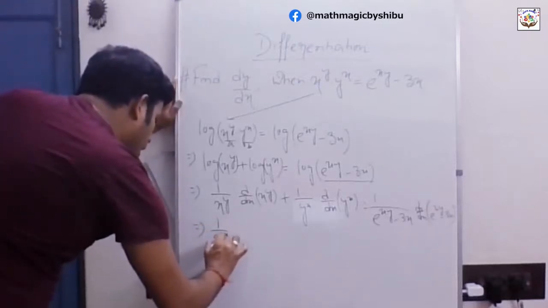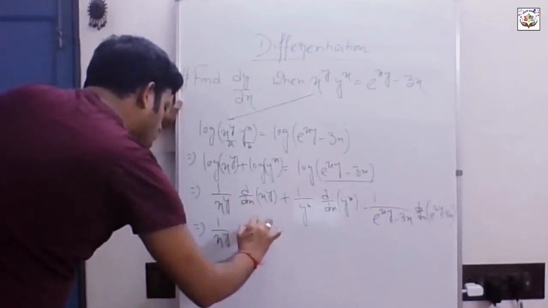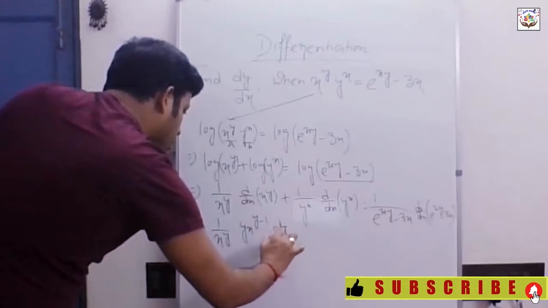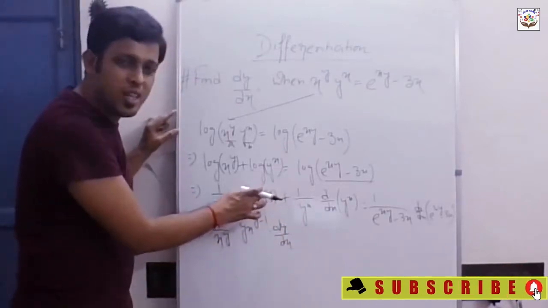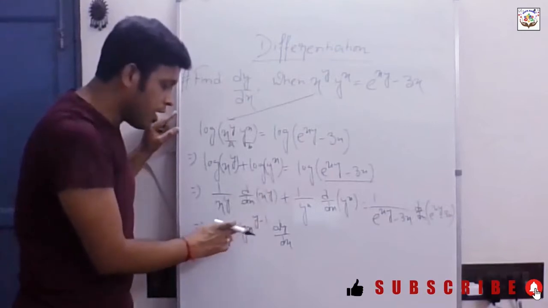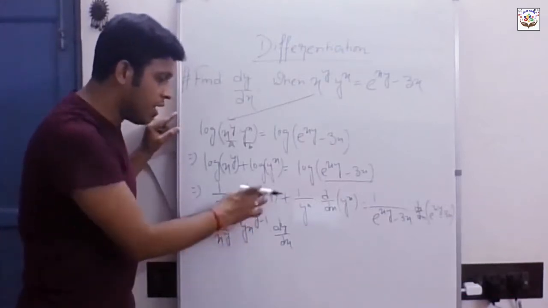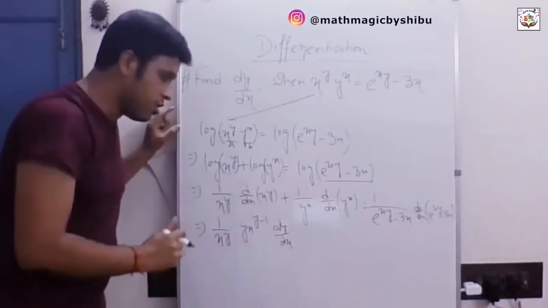So can we write 1 by x to the power y, x to the power y minus 1 into dy/dx? Why have I added dy/dx? As y is a variable. If y is a constant like 2 or 3, then we would have done only 2x to the power 2 minus 1. As we are differentiating another variable with respect to x, we need to multiply by dy/dx.